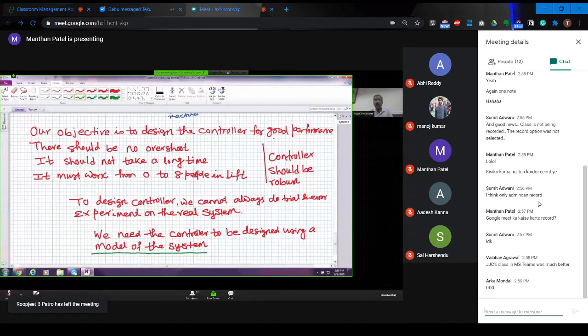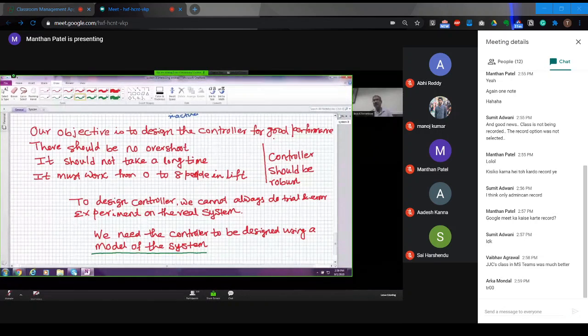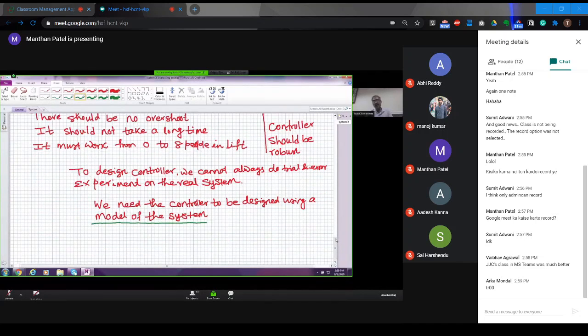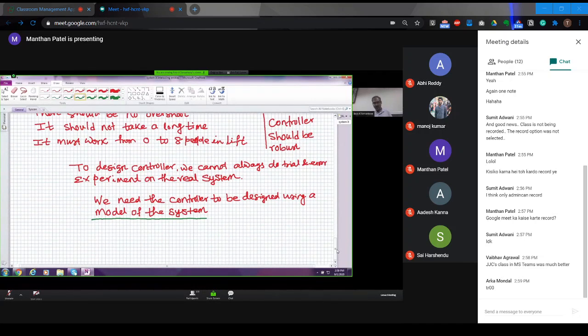So, controllers, especially for safety critical systems, such as accident avoidance, or so on, we have to develop those based on models of the system, not on the real system. Still, in some cases, you can include the real system. There are various ways of doing that.